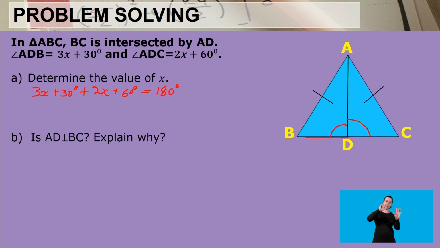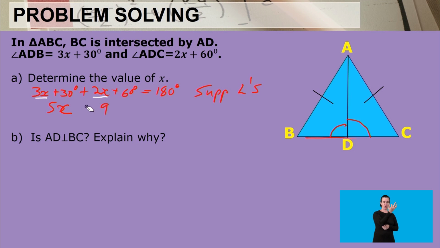And because these are supplementary angles, or you can say angles on a straight line add up to 180, we now combine like terms. The like terms that we have are 3x plus 2x is 5x, and 30 plus 60 is 90 degrees.